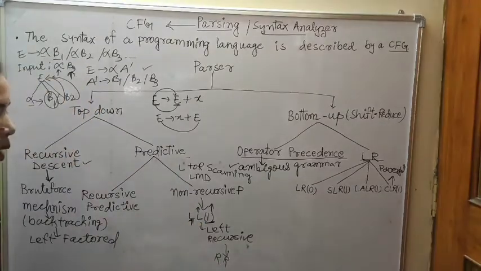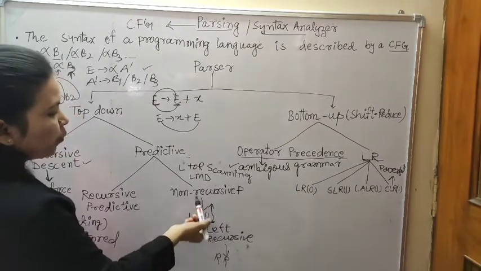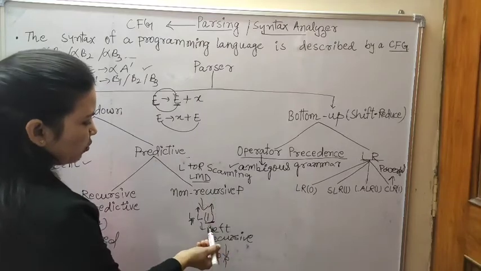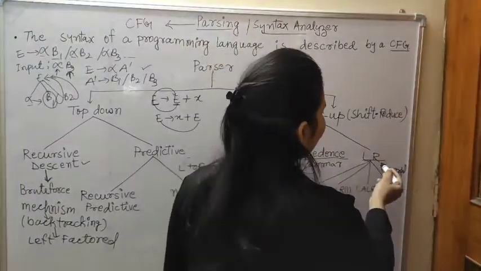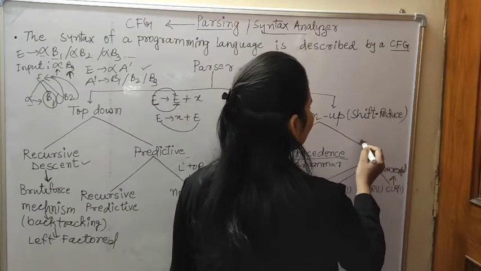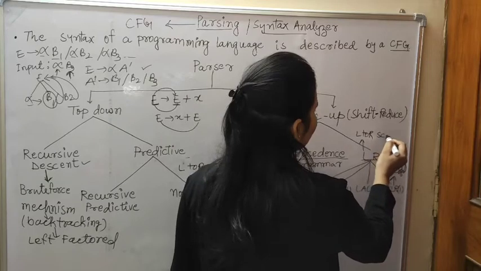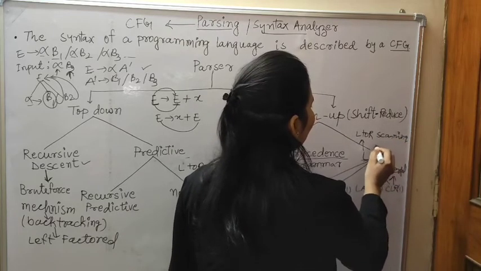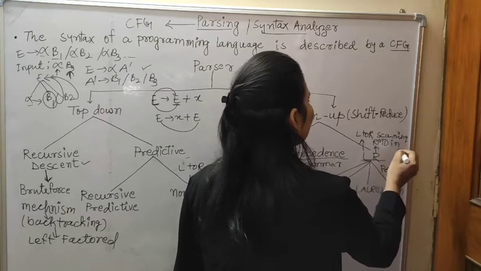That means we will parse the characters one by one. So the first L is left to right scanning, the second L is leftmost derivation, then lookahead 1. In LR, the L stands for left to right scanning, the same, and the R stands for rightmost derivation in reverse.